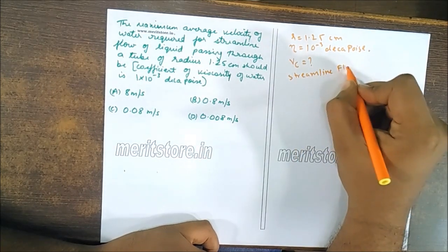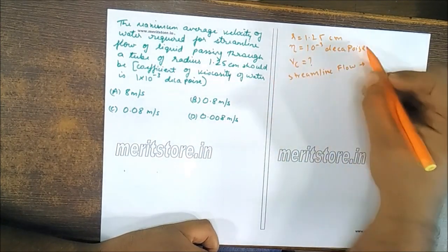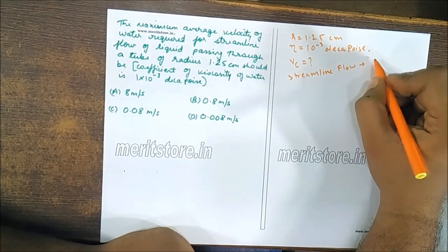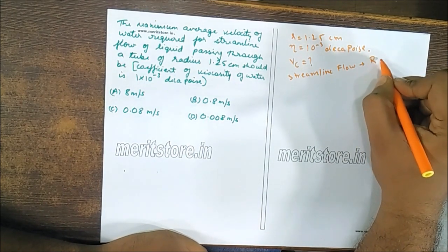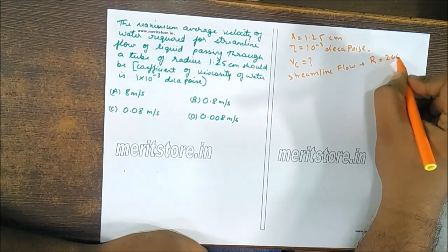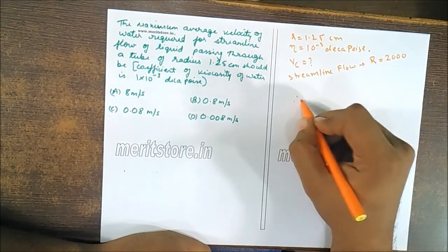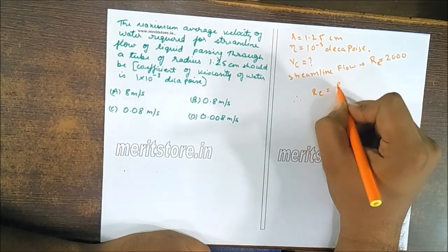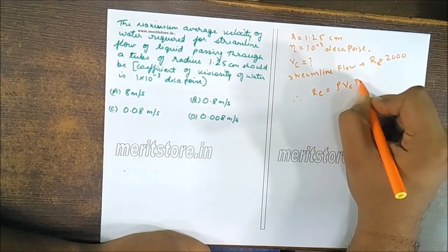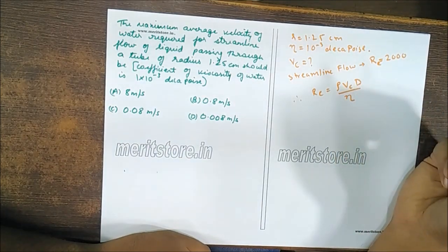For streamline flow and velocity, we can remember Reynolds theorem. So Reynolds number is the concept. For streamline flow, Reynolds number should be 2000 or less than 2000. Therefore the formula for Reynolds number is rho v c d by eta, where d is the diameter of the tube.